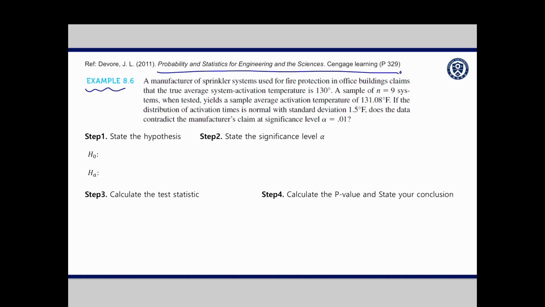Okay. A manufacturer of a sprinkler system used for fire protection in office buildings claimed that the true average system activation temperature is 130 degrees. A sample of n equal 9 systems, when tested, yields the sample average activation temperature of 131.08.